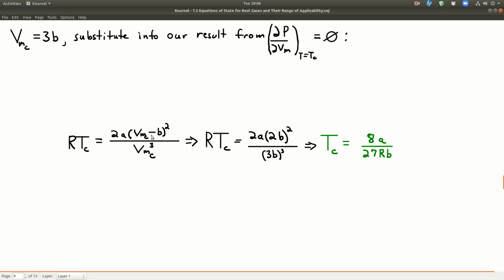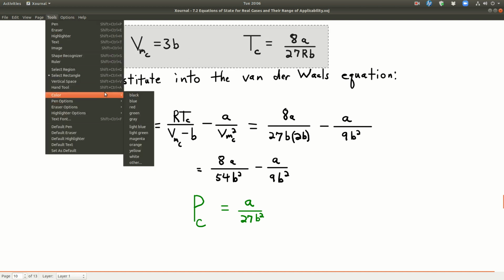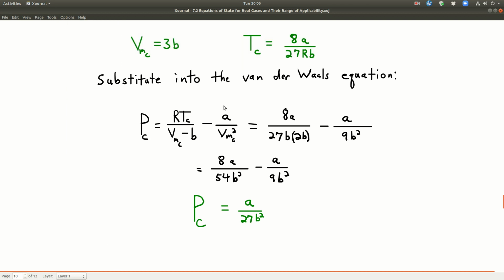3B minus B is 2B, right? So we get 2B squared here. This becomes 3B cubed. And we get 8A over 27RB for the critical temperature. So we're almost there, but we have two things here that we want, A and B. So now, take these two things that we have, substitute both of these into the van der Waals equation.